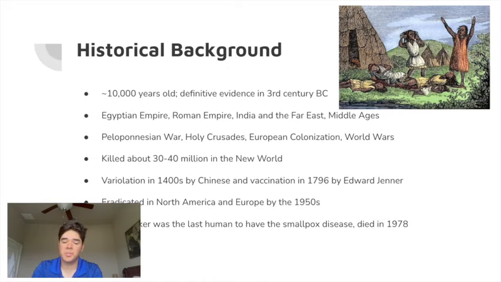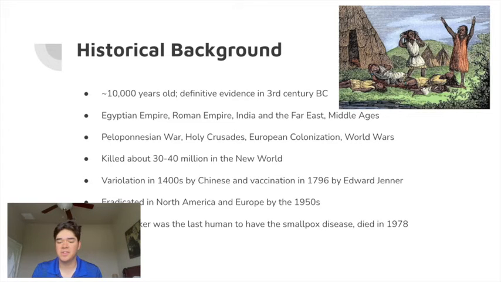But then we see the treatment of the smallpox virus through first variolation in the 1400s by the Chinese, in which they took already infected people of the smallpox virus to infect other people with the smallpox virus in an attempt to prevent infection.